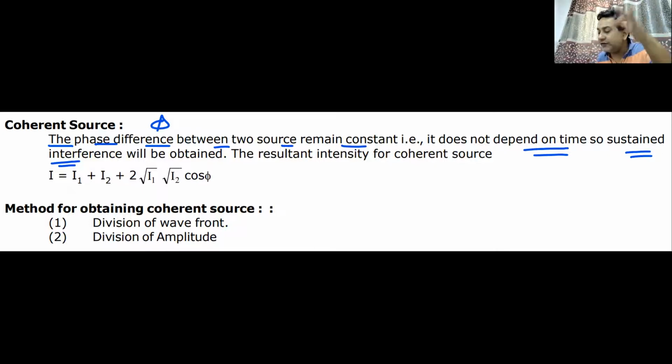Now, instead of saying the phase difference remains constant, we can say that the two sources must be coherent sources.